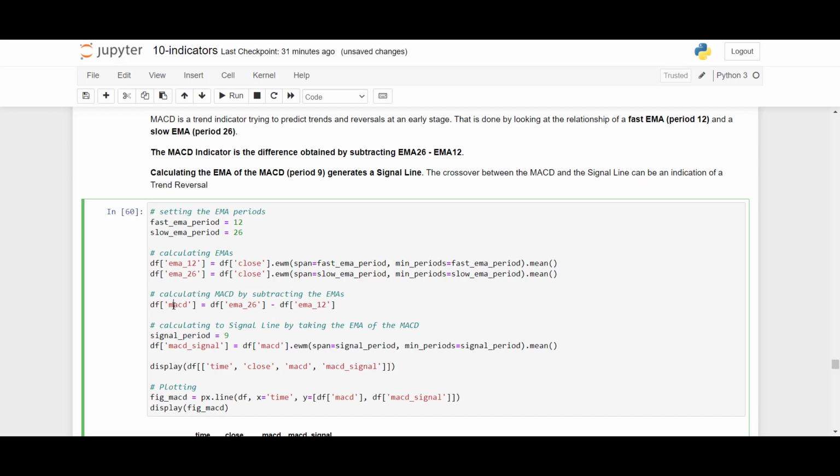And that is the MACD value. Then we will calculate the MACD signal, and we are taking the MACD and calculating the exponential moving average with the period 9. So it is again the same as here.